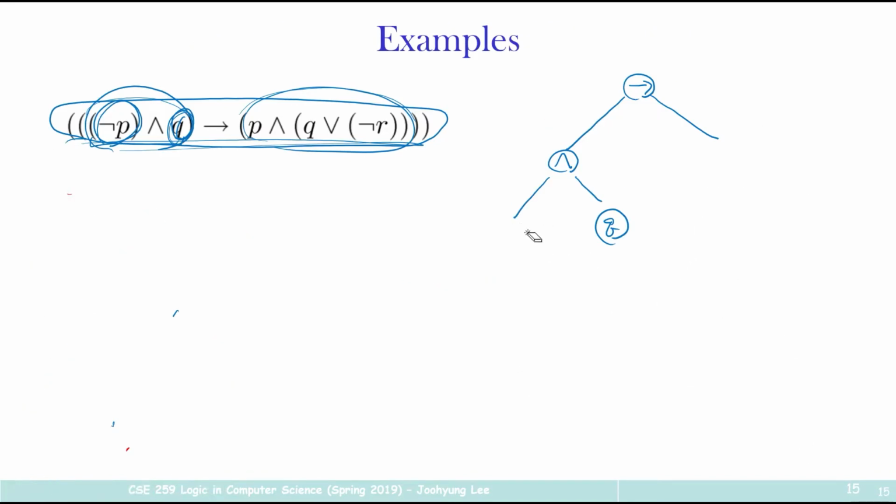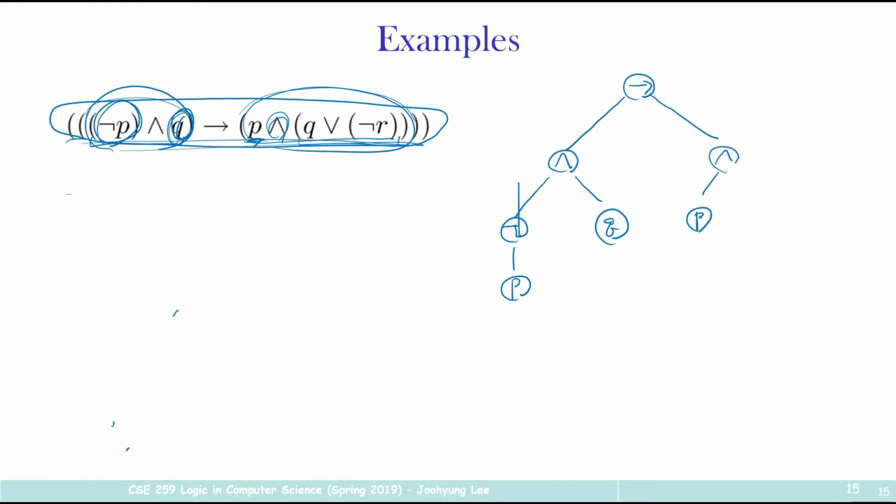This is negation and P. And on the right hand side we have this formula. The outermost connective here is also conjunction, right? On its left hand side is P, so I write P here.